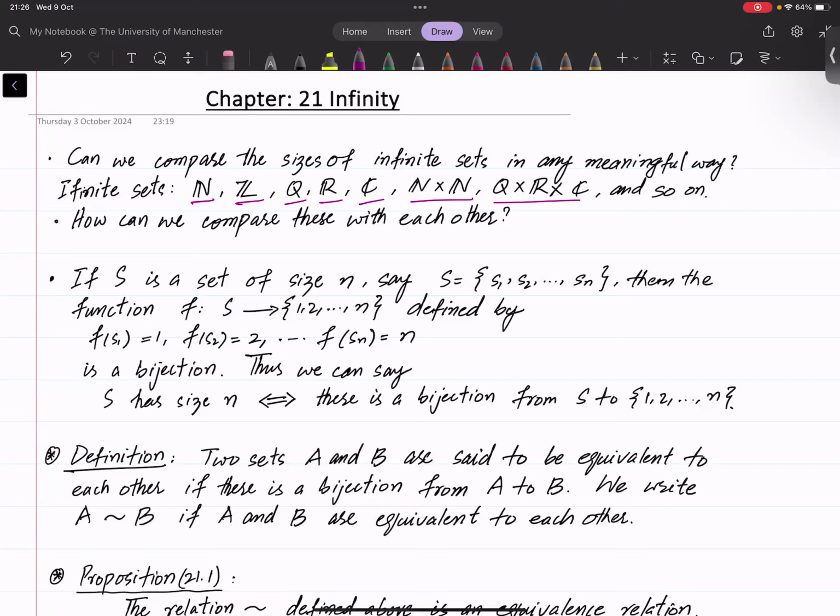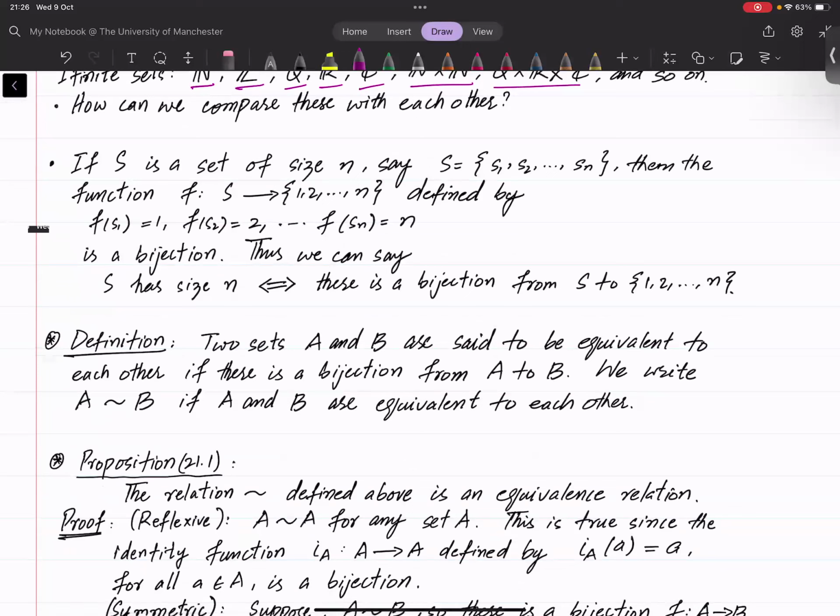Let's say we write, if S is a set of size n, let S have n elements, then the function from S to the set with elements 1 to n, defined by f of s1 equals 1, f of s2 equals 2, up to f of sn equals n, is a bijection.